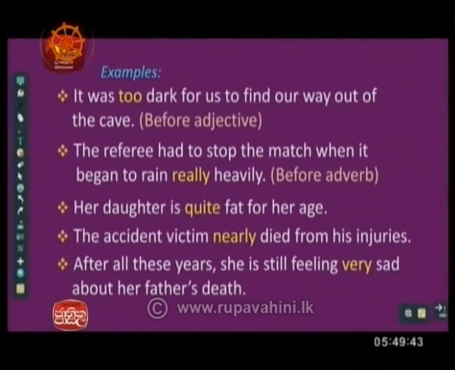Next one. The referee had to stop the match when it began to rain really heavily. So there are 3 words. It began to rain heavily. Heavily is an adverb. It described the verb began. ඒ වගේම really කියන එකත් adverb. ඒක විස්තර කරන්නේ අනිත් adverb එක.